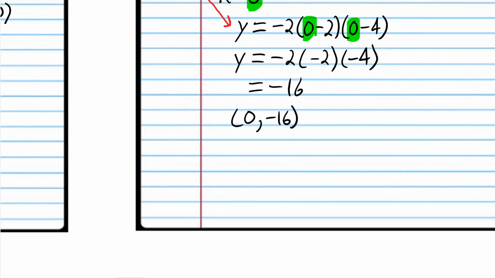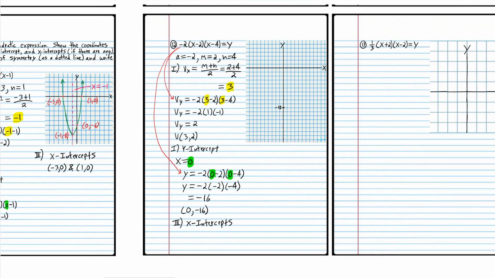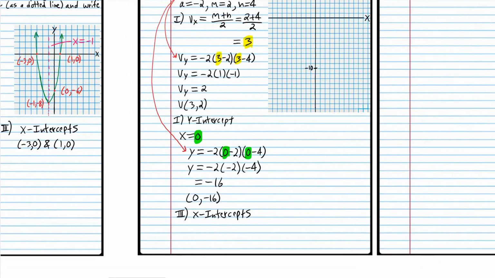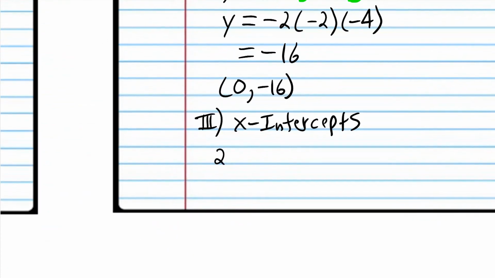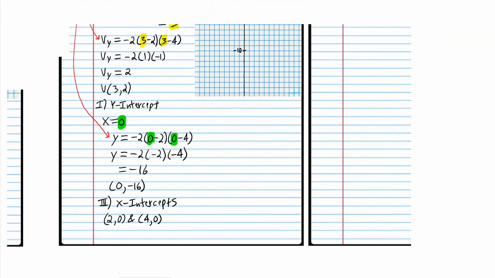Okay, so now we're going to find the x-intercepts. And to do that, we're just going to look at the equation. We can see 2 and 4, because it's in intercept form. Let's go ahead and plot those. So 2 and 4.